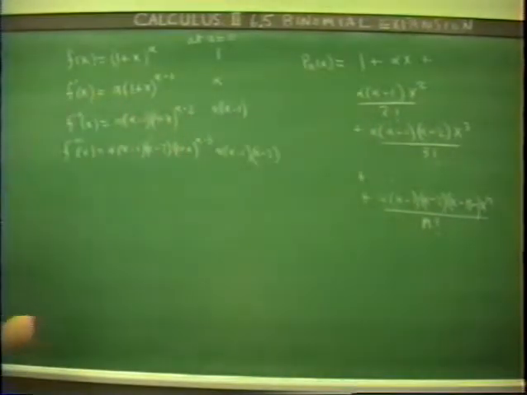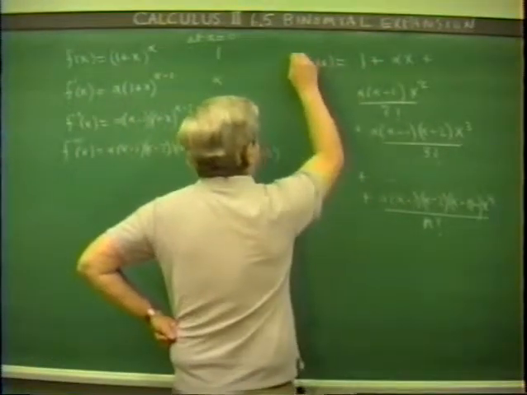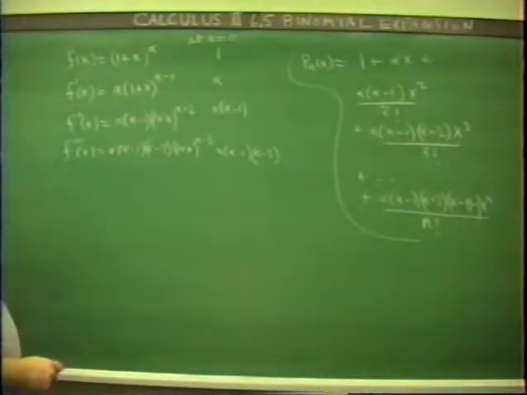So that's the Taylor polynomial of degree n. I've written it down here so that it can be observed.